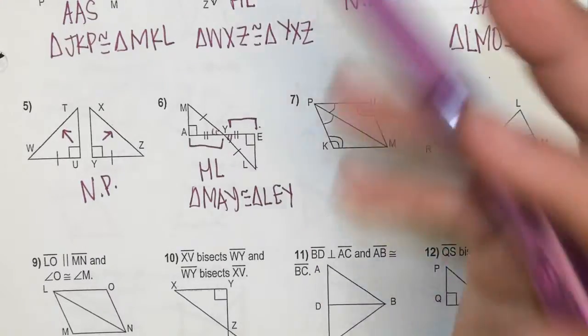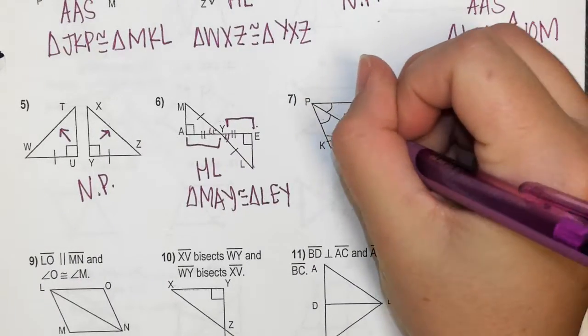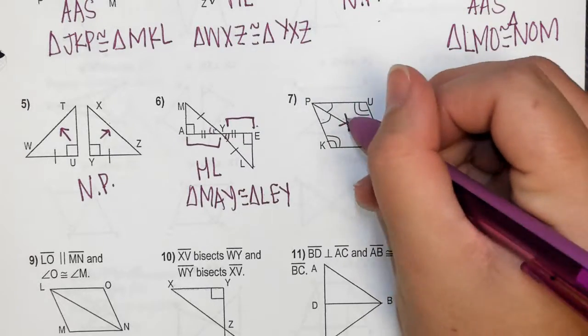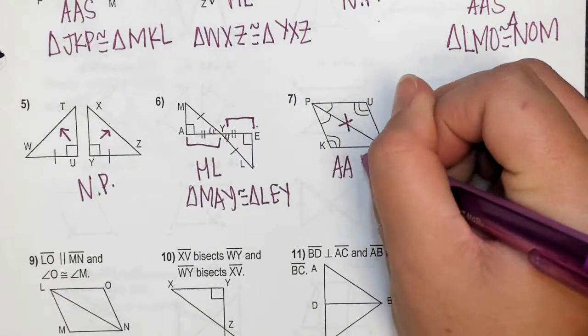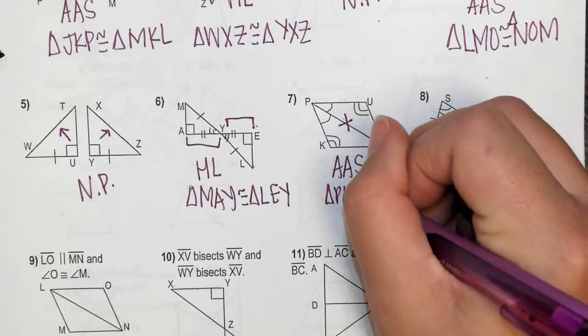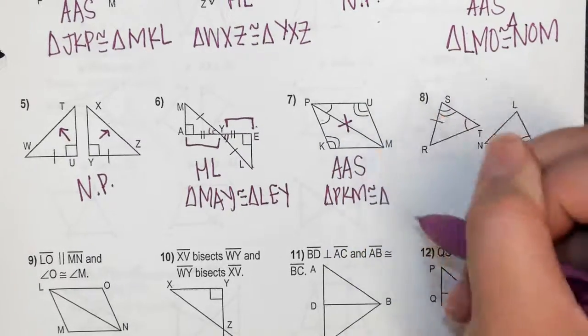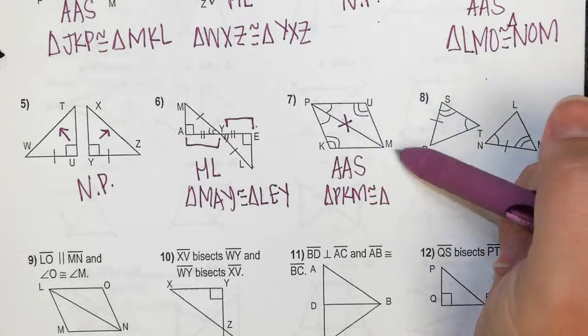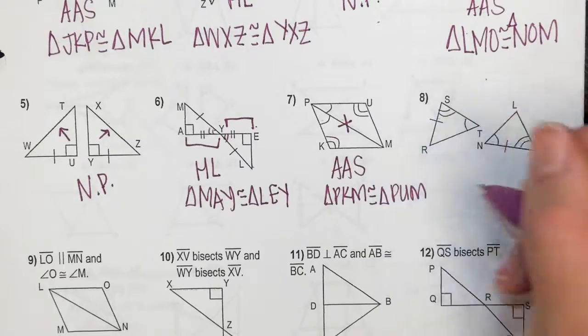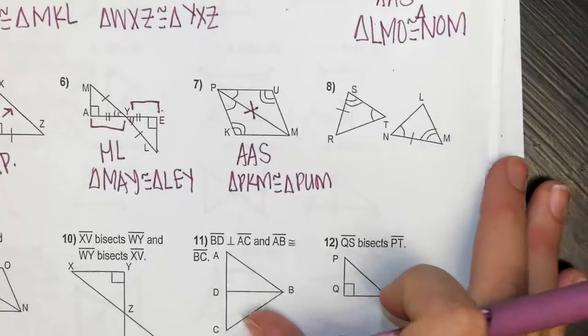Okay, what about 7? This is what? Vertical. It's reflexive. So angle, angle, side, angle, angle, side. AAS. So triangle what? PKM is congruent to triangle PUM. That's not possible.